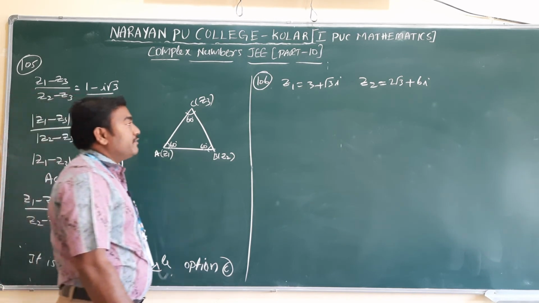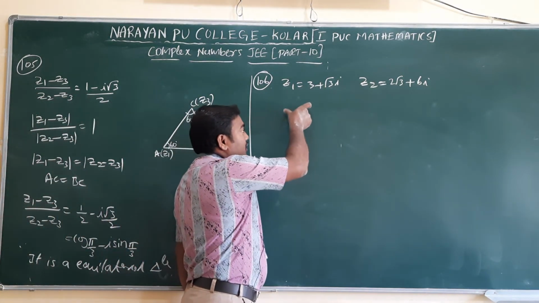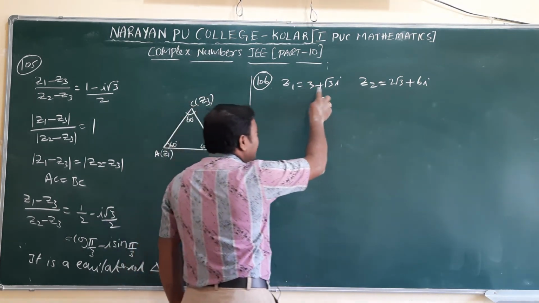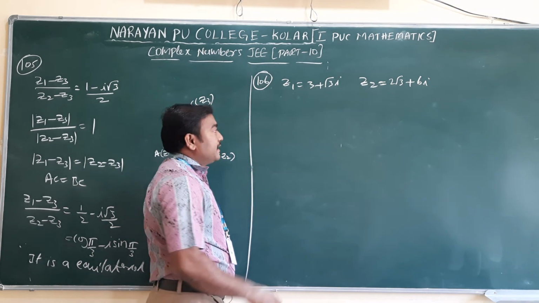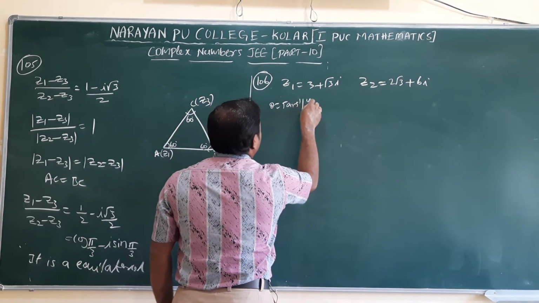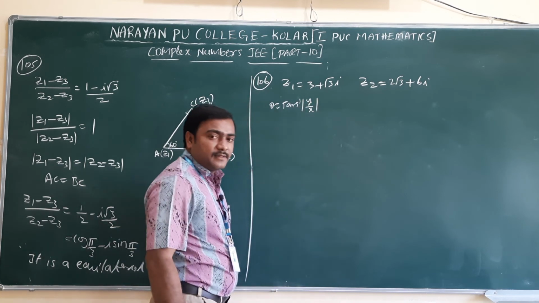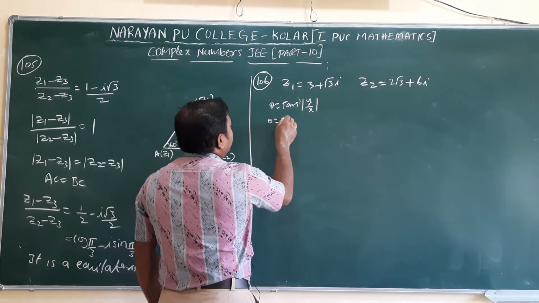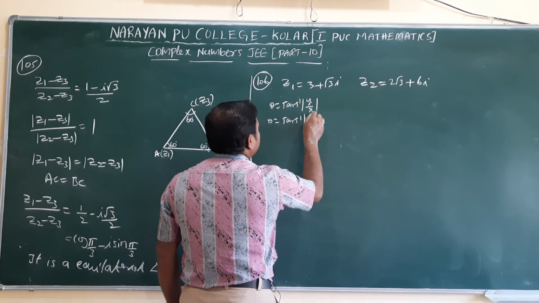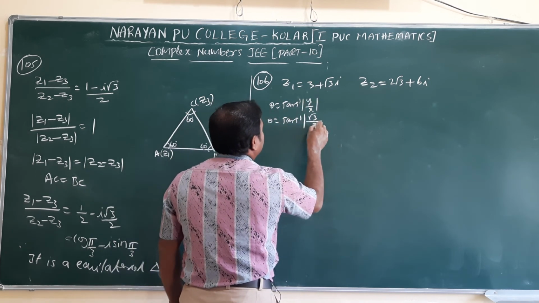Now first we have to find the argument value. Both are in the first quadrant only. So theta is equal to tan inverse of modulus of y by x. Here tan inverse of root 3 divided by 3.